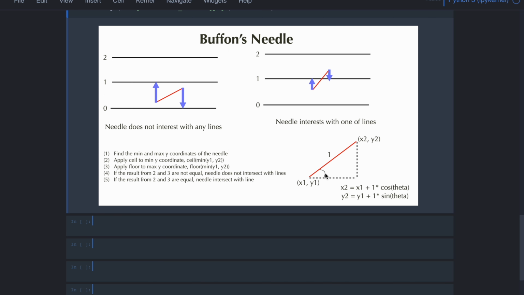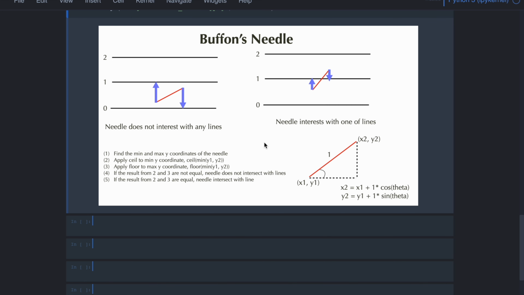Theta is this angle. Similarly, the y2 coordinate will be y1 plus the length of the needle times sin theta. So we generate two coordinates x1 and y1, we generate the angle theta, and using these equations we compute x2 and y2. This way we are already satisfying the constraint that the length of the needle should be equal to 1.